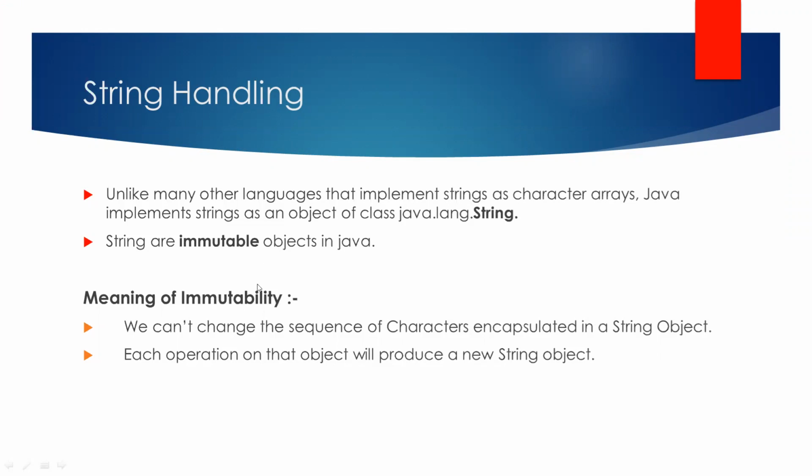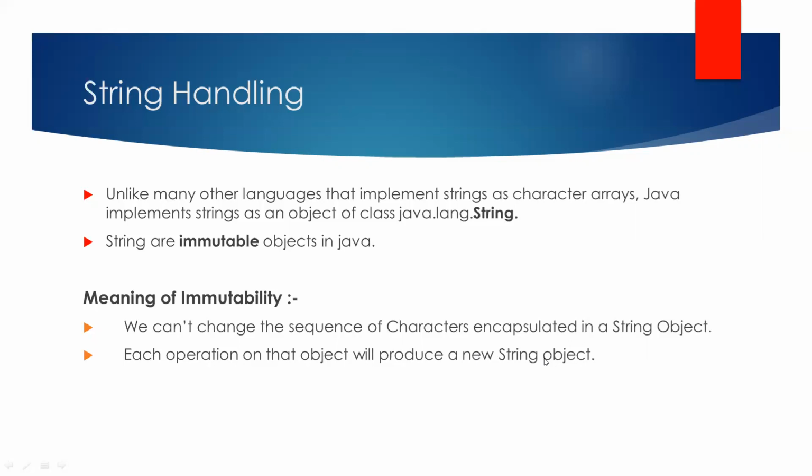And when we perform an operation to make changes to that string object, each operation on that object will produce a new string object. It will not make changes to the existing object's encapsulated characters.